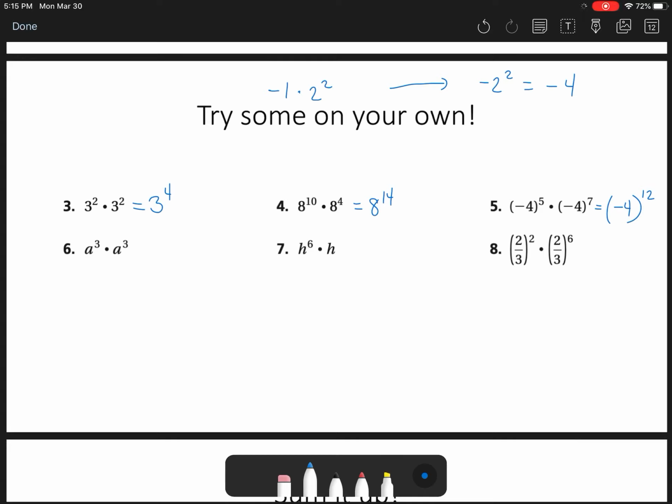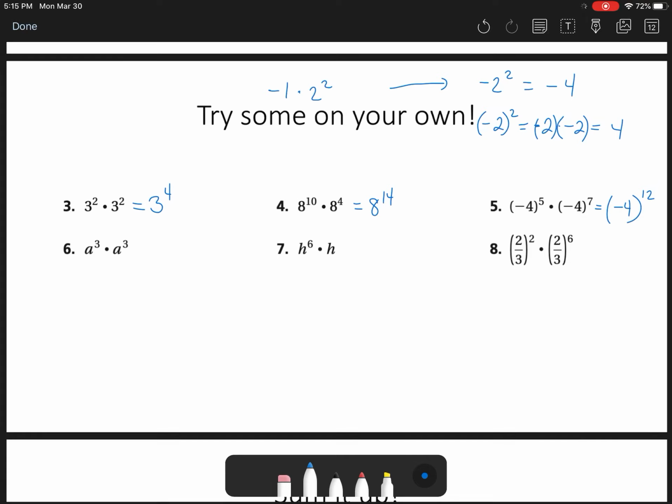So be careful with that. If you write that with parentheses, it means negative 2 times negative 2, which is equal to positive 4. So just be aware of the difference there.